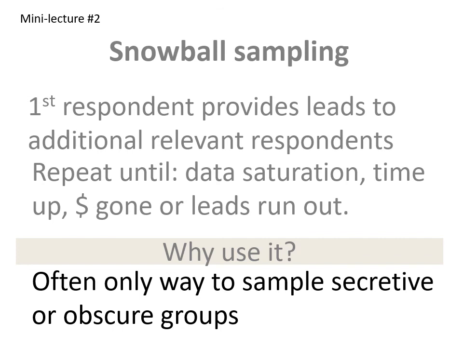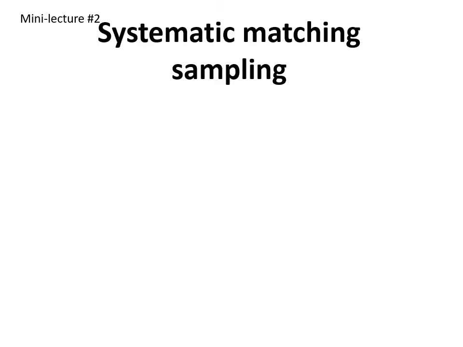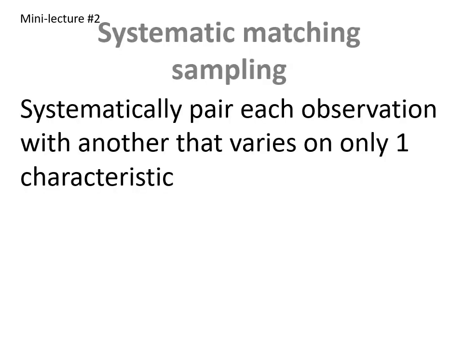So another sampling procedure, a non-random sampling procedure that he makes reference to, is called systematic matching sampling. With this, you systematically pair each observation with another that varies on only one characteristic.